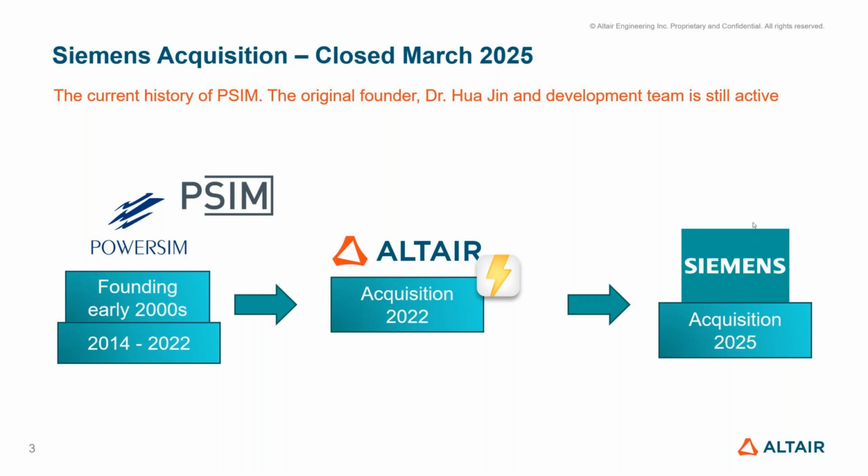PSIM and PowerSIM as the company were acquired by Altair in 2022, and now Altair has been acquired by Siemens, which hopefully will bring a new range of capabilities, including tools on the PCB side of things, for example, since PSIM is just covering the schematic 1D side of simulation of power electronics right now.